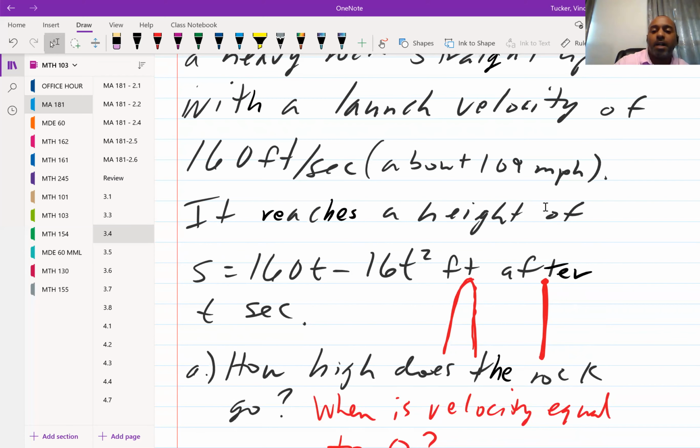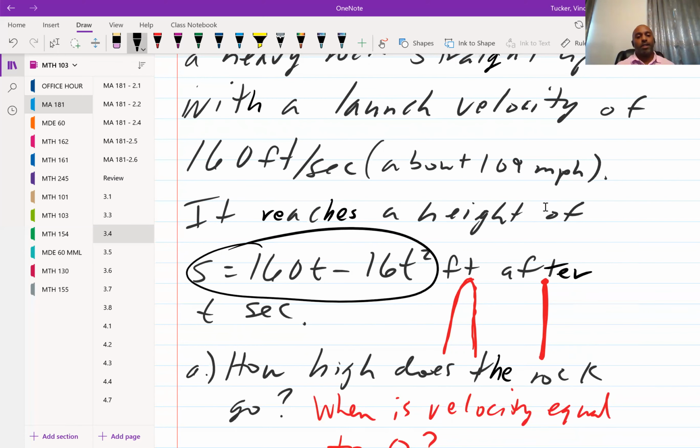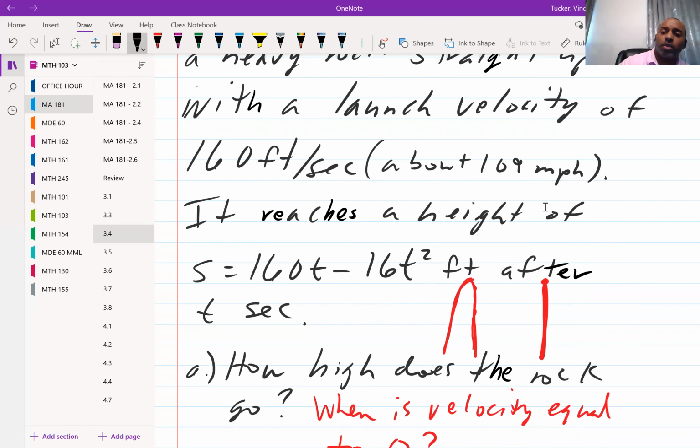It says, how high does the rock go? It reaches a height of s equal to 160t minus 16t squared. So that's the position, and that's what I wrote right here in the red. It's going to get up to a certain height, it's going to stop, and then it's going to come down.